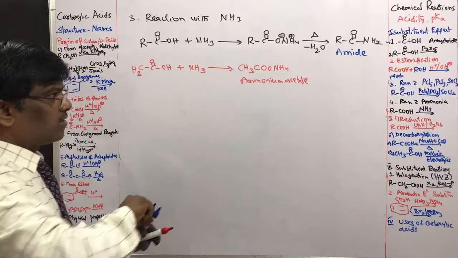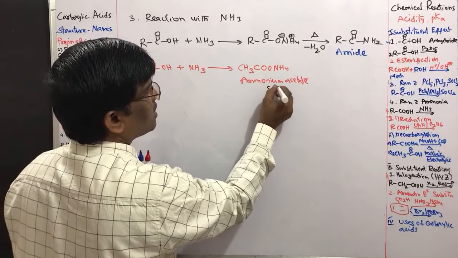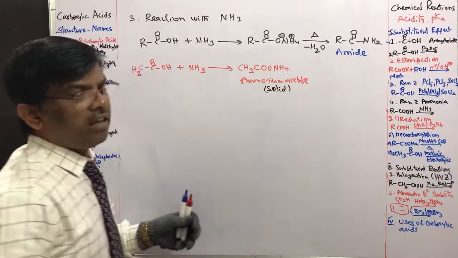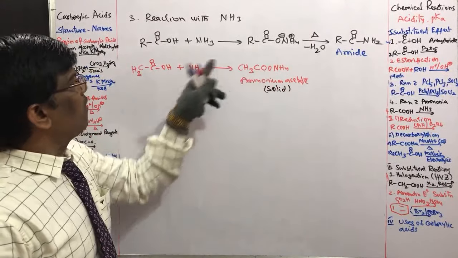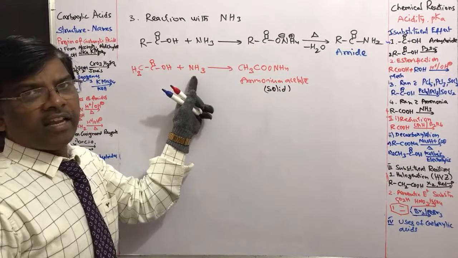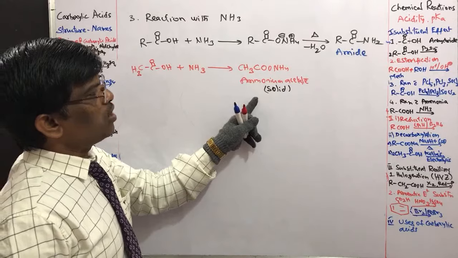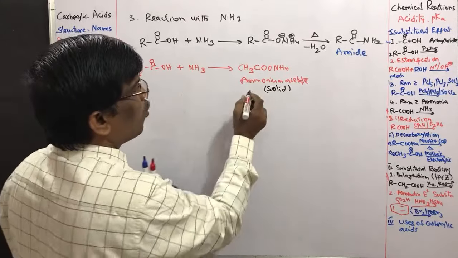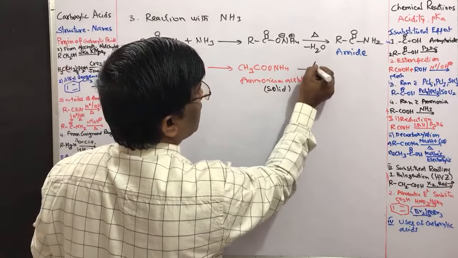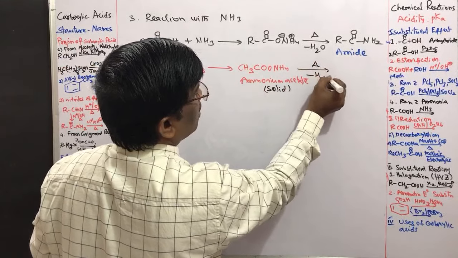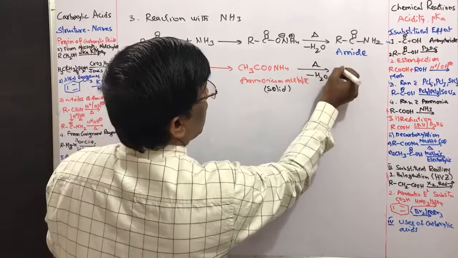Ammonium acetate is a solid. It is a buffer solid, a salt of weak acid and weak base, so it is going to act as a buffer. Ammonium acetate, when I heat it, is going to lose water to form acetamide.